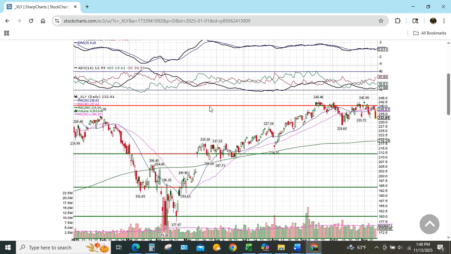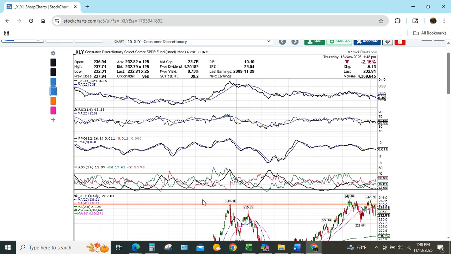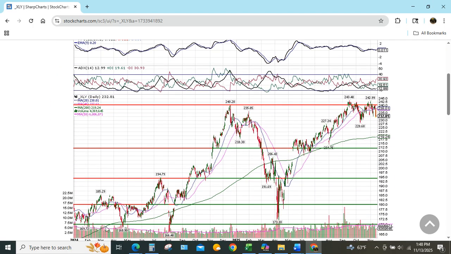You can see there how important resistance lines can be. This is right at that 242, and I'm going to show you on a 2-year daily, back from 2024 to 2025 today.